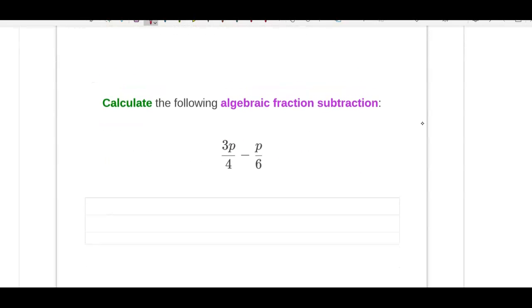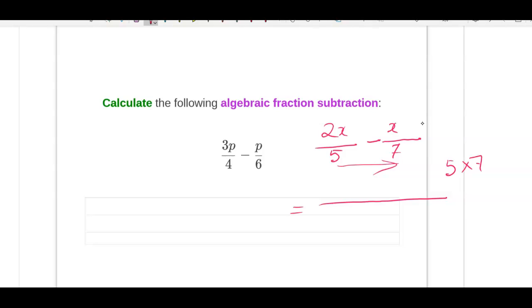If it is a subtract, okay, let's take 2x over 5 minus x over 7. Nice and easy. 5 times 7. I mean, this is a kind of rote learning, but anyway, I'll show it to you in that way. It's easier, which gives you 35, right?